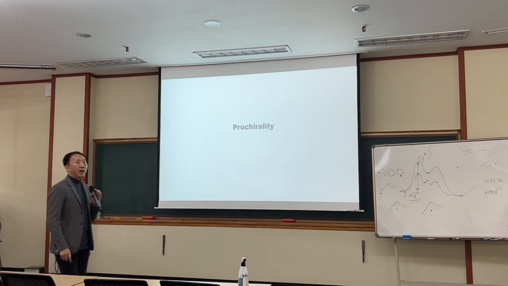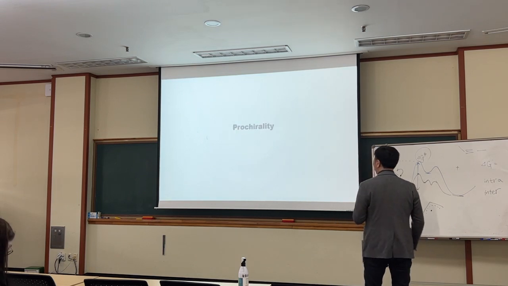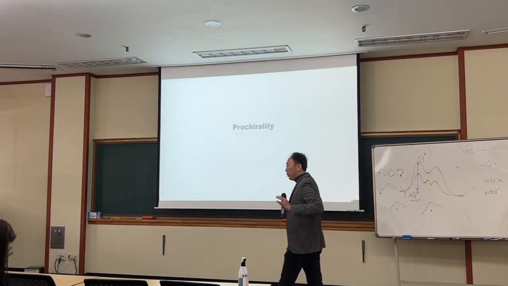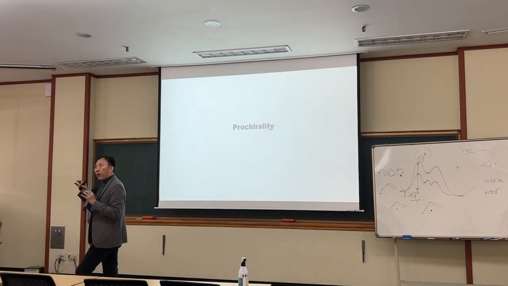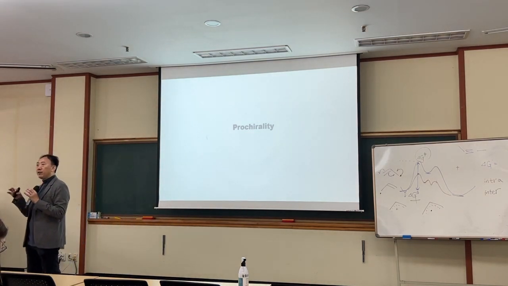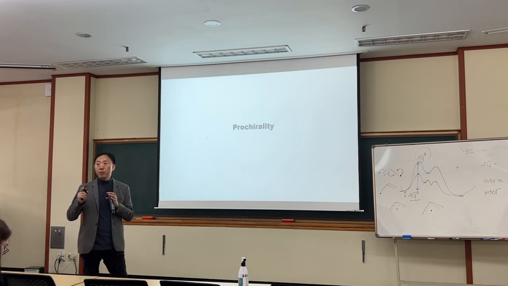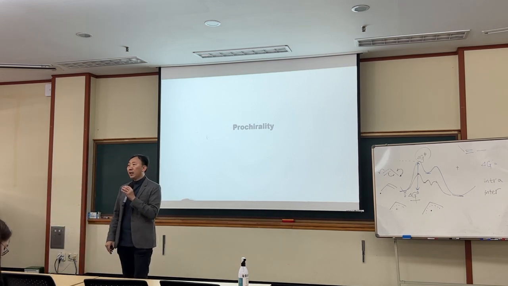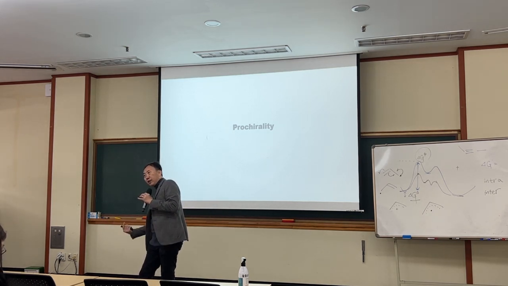Okay, so this is chirality and prochirality. Prochirality means two equivalent and two non-equivalent groups. With only a one-step reaction, if it changes and becomes chiral, then we call those positions prochiral. Prochirality can happen on the double bond side, the Re face and Si face.